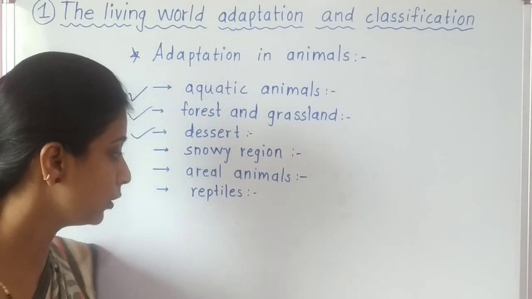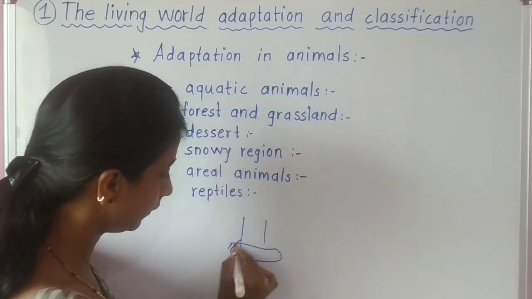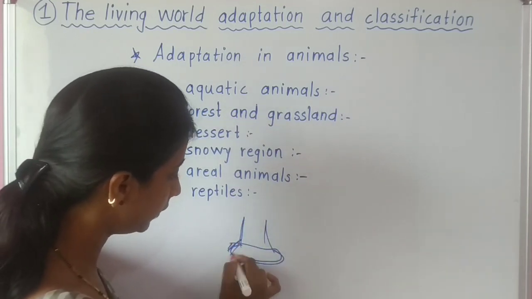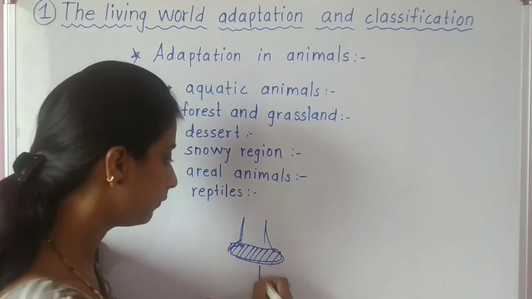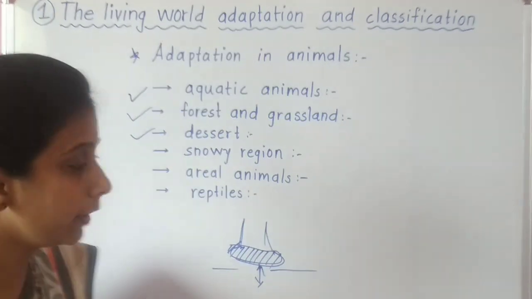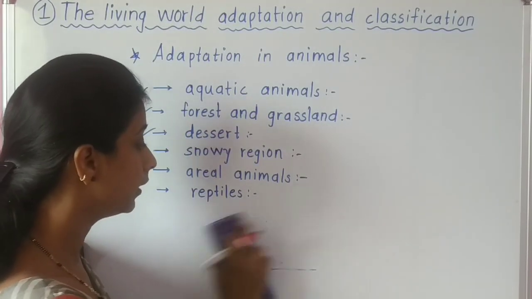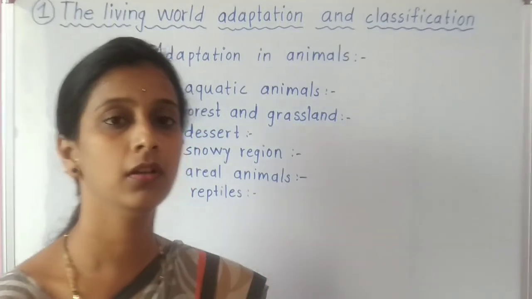They have a cushion-like structure on their paws. Suppose this is the leg, and they have this type of padded, cushion-like structure to prevent heat from the surface. This type of adaptation is present in desert animals, especially in camels.